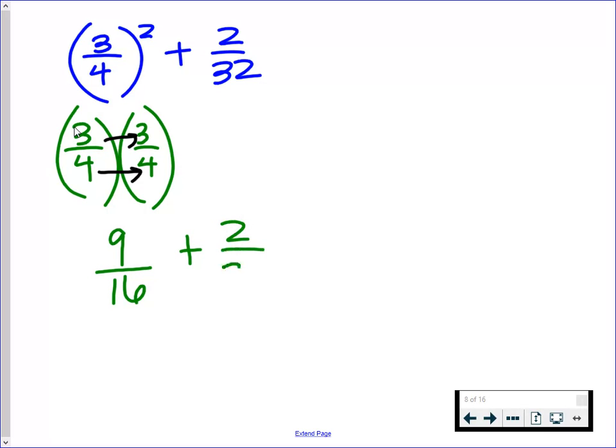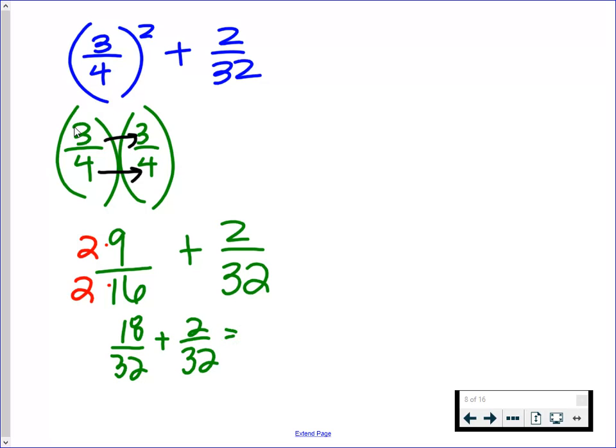Plus, how do I add fractions again? Oh, I know. Common denominator. Add the top. Keep the bottom. Simplify.